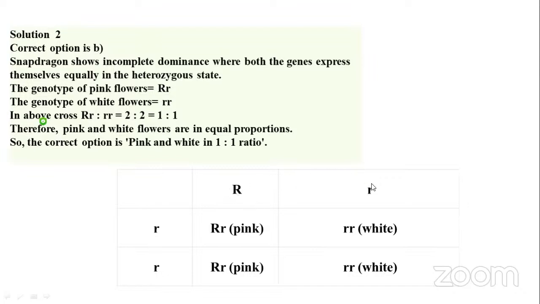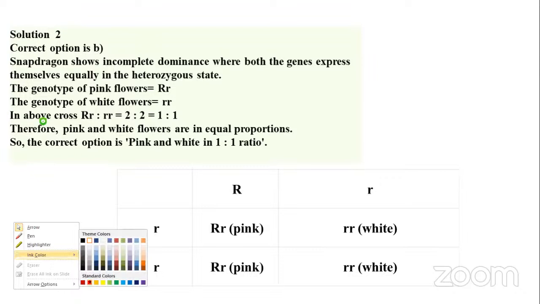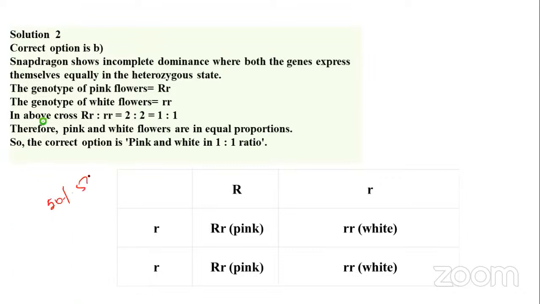Heterozygous means what? This is called heterozygous, this is homozygous. Let's cross with the heterozygous condition. In the F2 generation, you will get the pink as well as the white in equal proportion, that is 50% white and 50% pink color. That is called a 1:1 ratio.